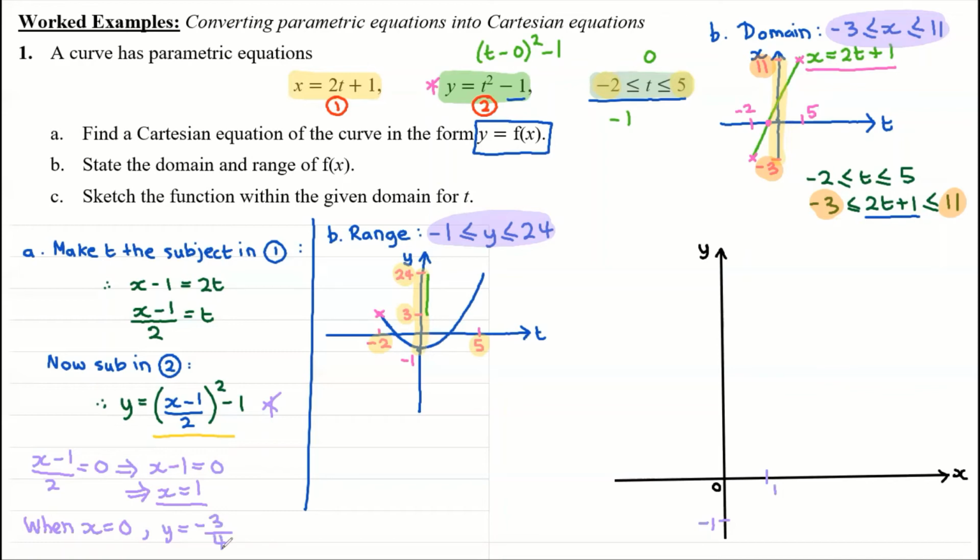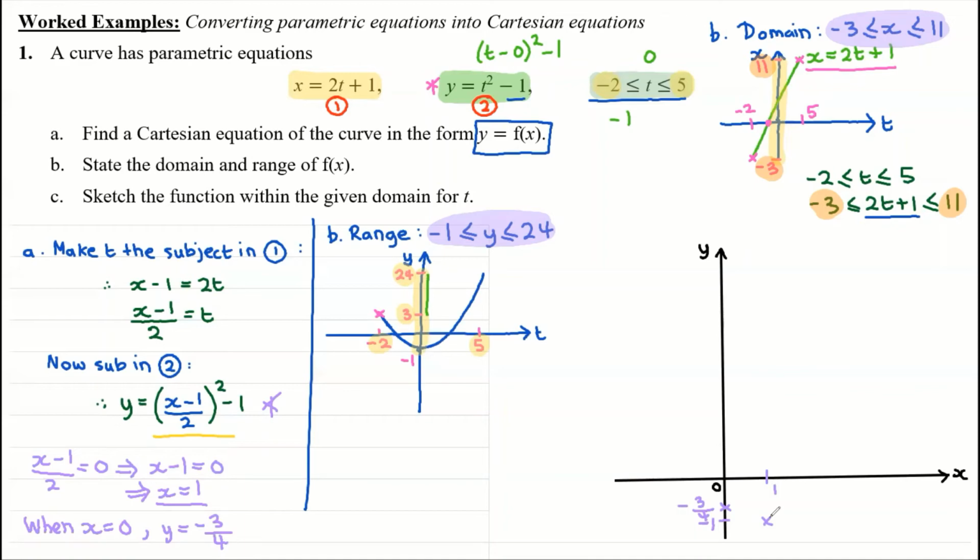All right, so that gives us our y-intercept. So it's about there, -3/4. Okay, and then that minimum value is at 1, -1. So we've got an idea what it's going to look like.